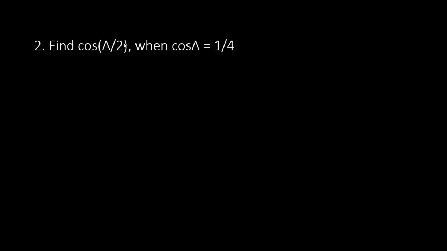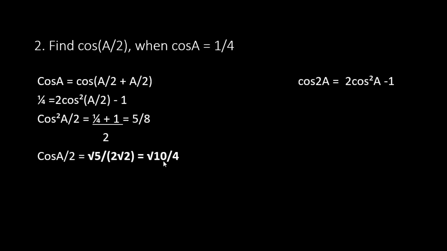Find cos of A divided by 2, yeah, half of A, when cos A is equal to a quarter. So basically we find that cos A is actually equal to cos(A/2 plus A/2). So we're splitting it up into 2, and we're making this like a compound formula thing.